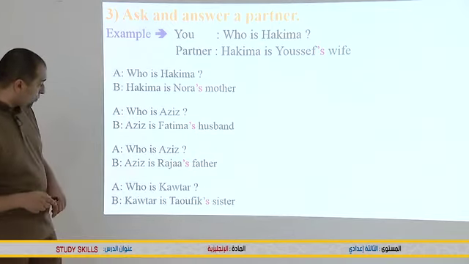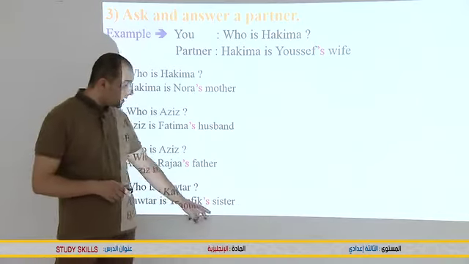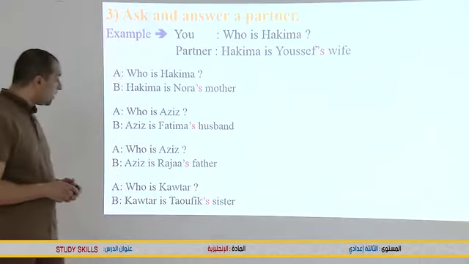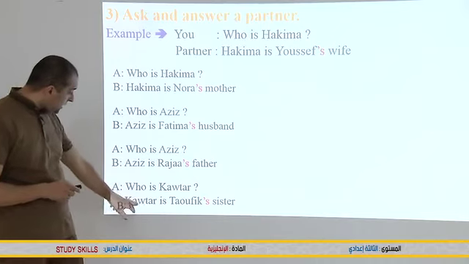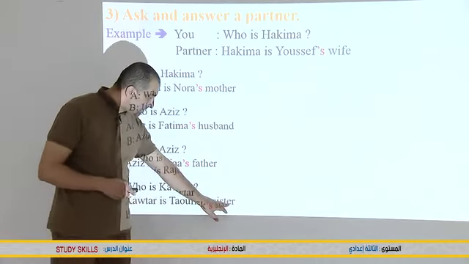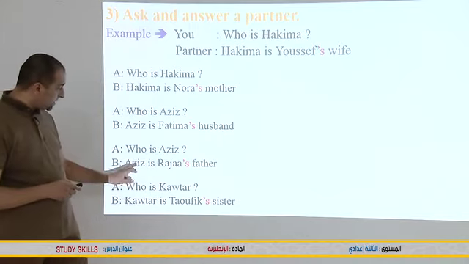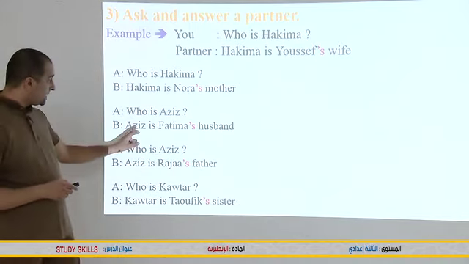Another one. Who is Kautar, in relation to Tawfiq? Kautar is Tawfiq's sister. So pay attention to that. When talking about Kautar, she is the sister. Aziz is the father. Also Aziz here is the husband.